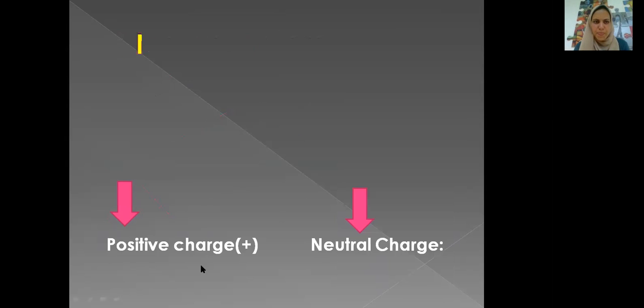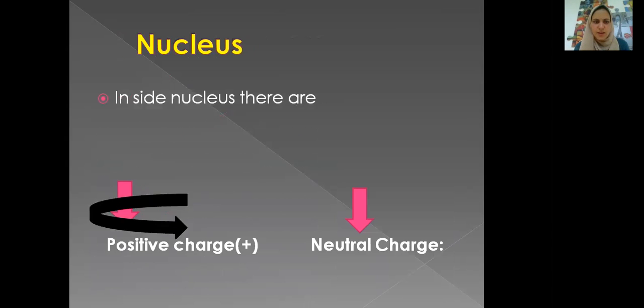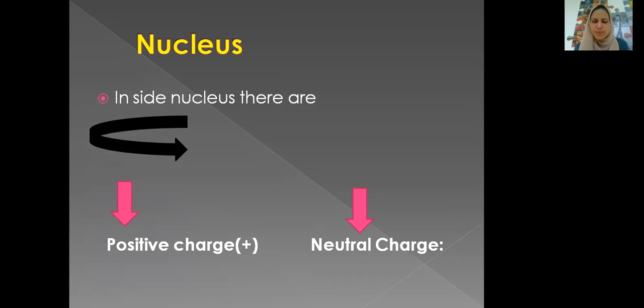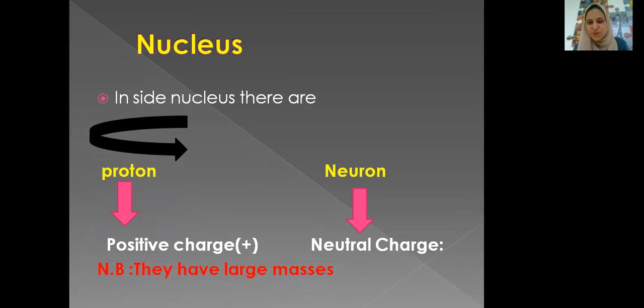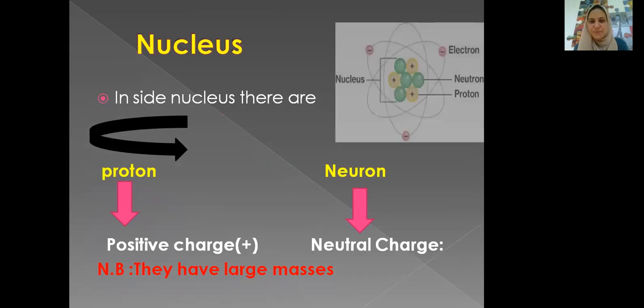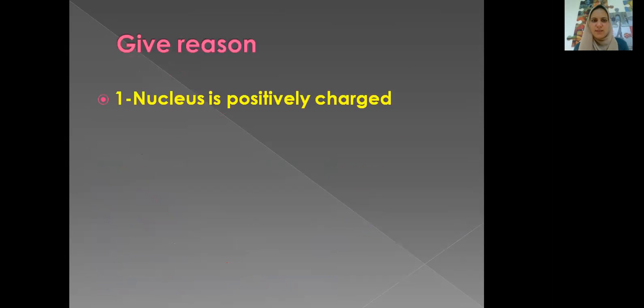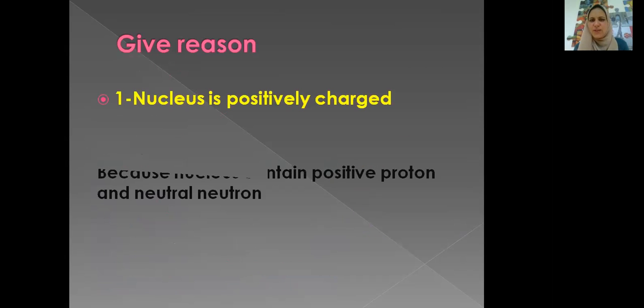The nucleus consists of protons. The proton has a positive charge, so it's called proton positive. And the neutron is neutrally charged, so the neutron has no charge. So when I ask now, why is the nucleus positively charged?